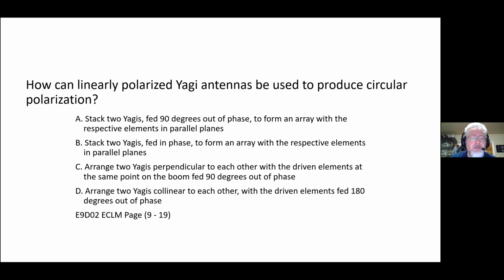C, arrange two Yagis perpendicular to each other with the driven elements at the same point on the boom, fed 90 degrees out of phase. Or D, arrange two Yagis collinear to each other with the driven elements fed 180 degrees out of phase. Charlie is correct. On the same boom, fed 90 degrees out of phase.